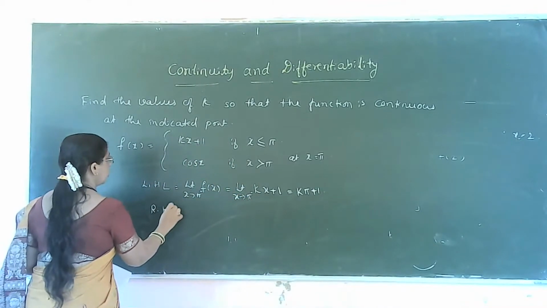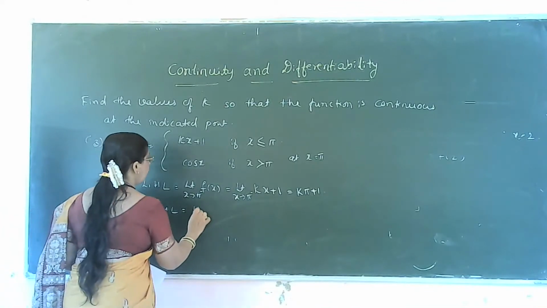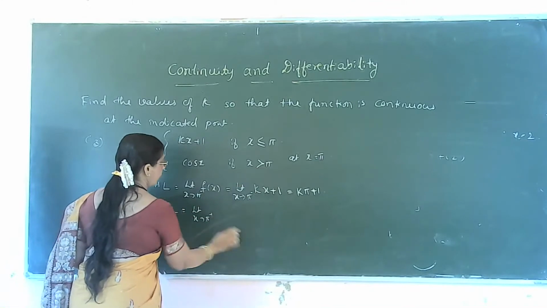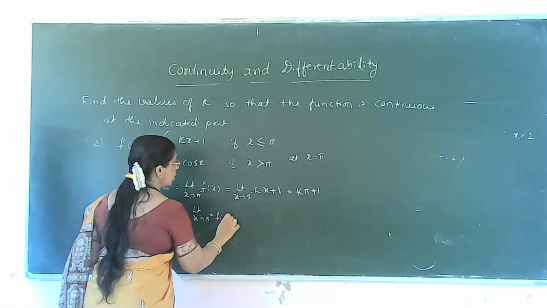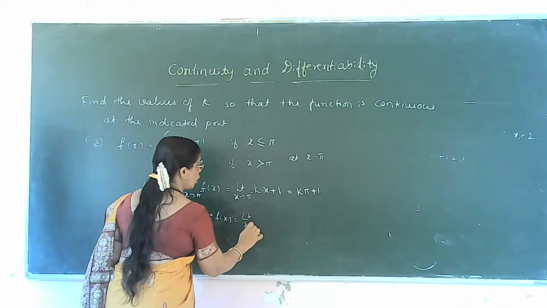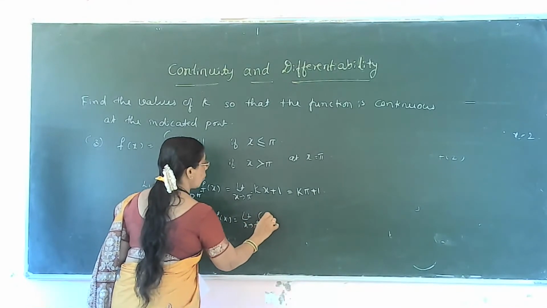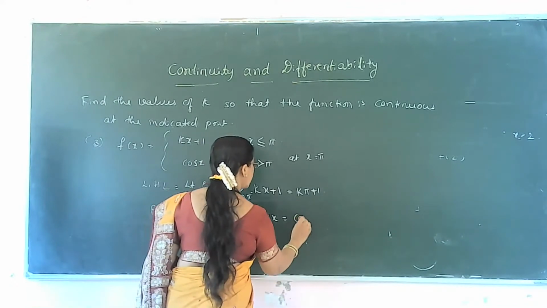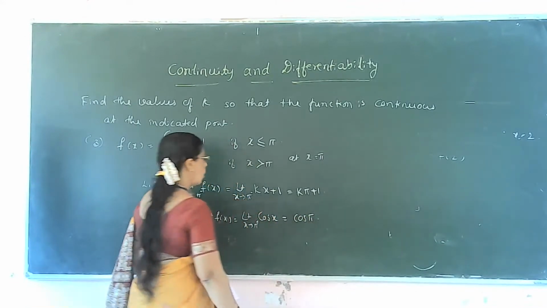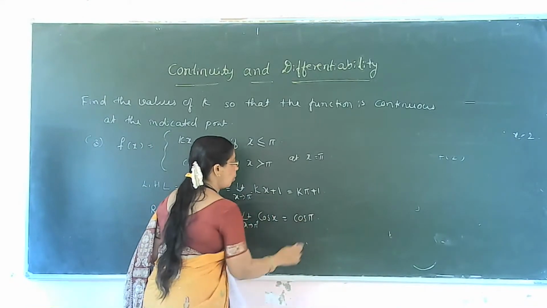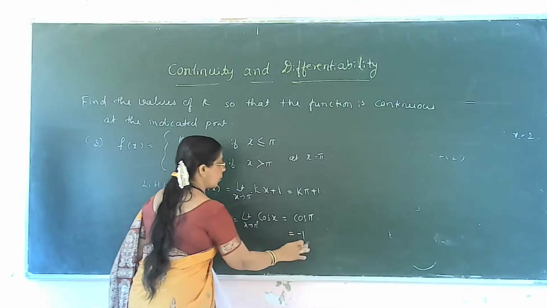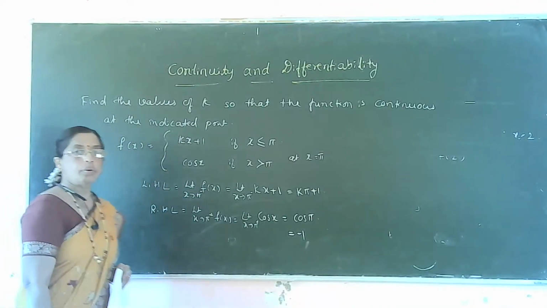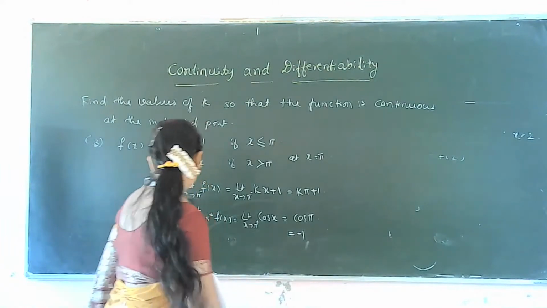Then RHS is equal to limit of x tends to 5 plus, x greater than 5, f of x, which is equal to limit of x tends to 5 plus cos x, which is equal to cos 5, cos pi. The value of cos pi is equal to -1. Yes, -1, you know, from the first video.